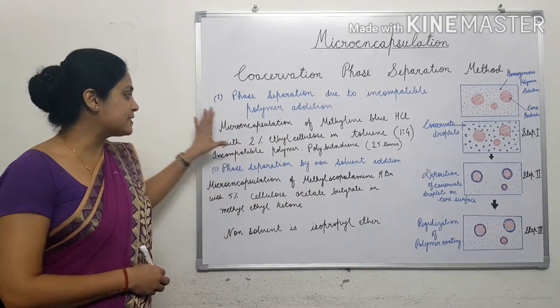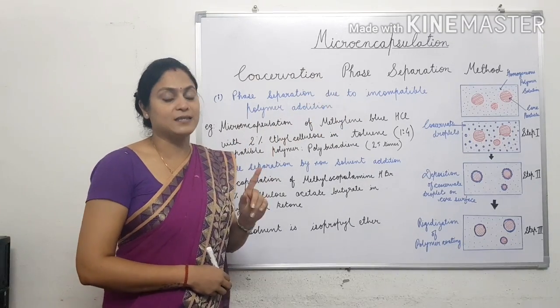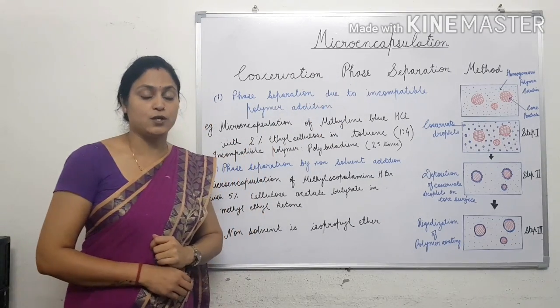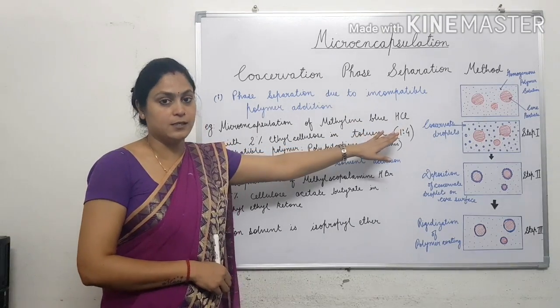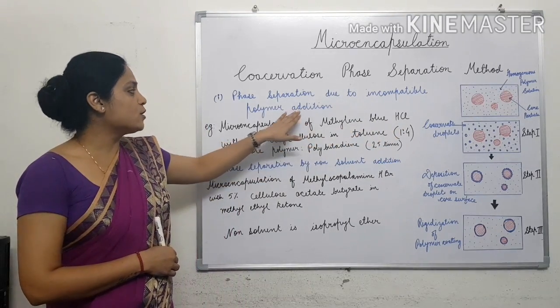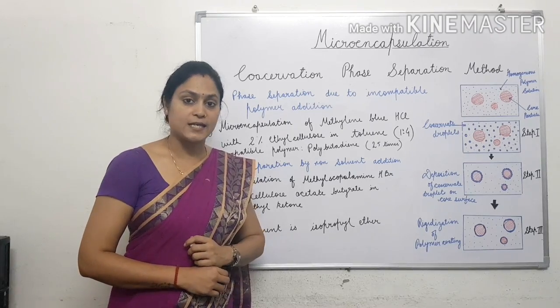So this is an example of the phase separation coacervation method for the microencapsulation of methylene blue hydrochloride crystals by the addition of an incompatible polymer, which is polybutadiene.